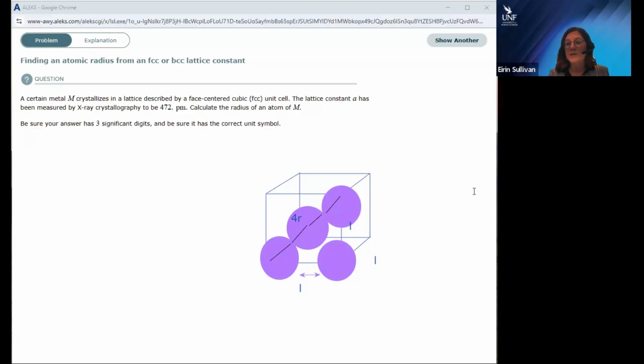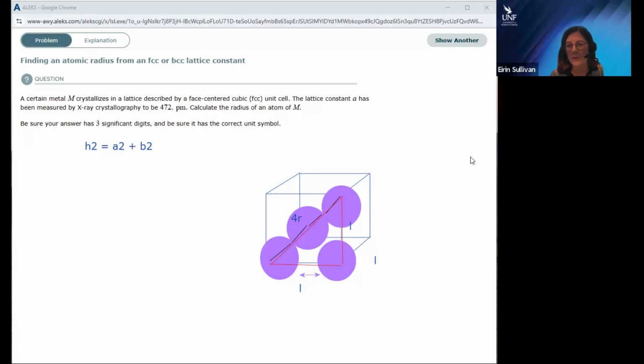So what we're actually going to do is take Pythagoras theorem, and we are going to look at the triangle that is bounded across the front edge of this unit cell, including those 3 atoms that are touching across the face. So Pythagoras theorem is the hypotenuse squared equals the square of each of the 2 edges forming that right-angled triangle.